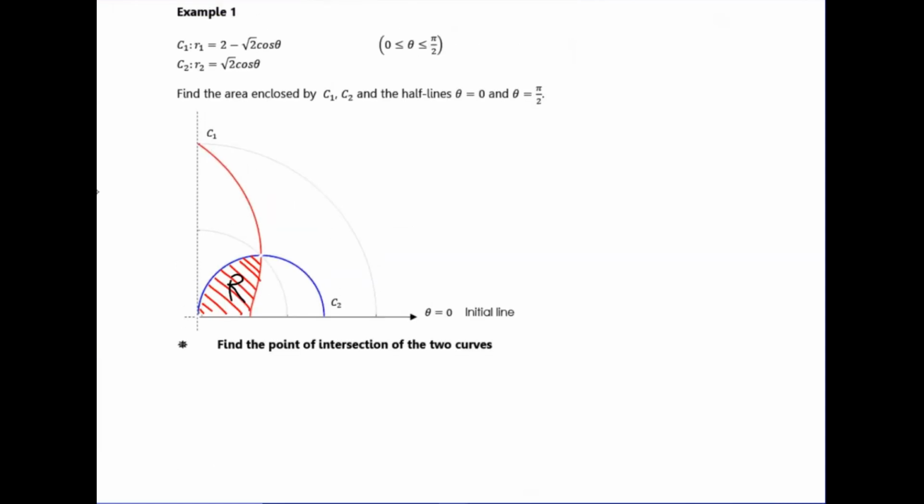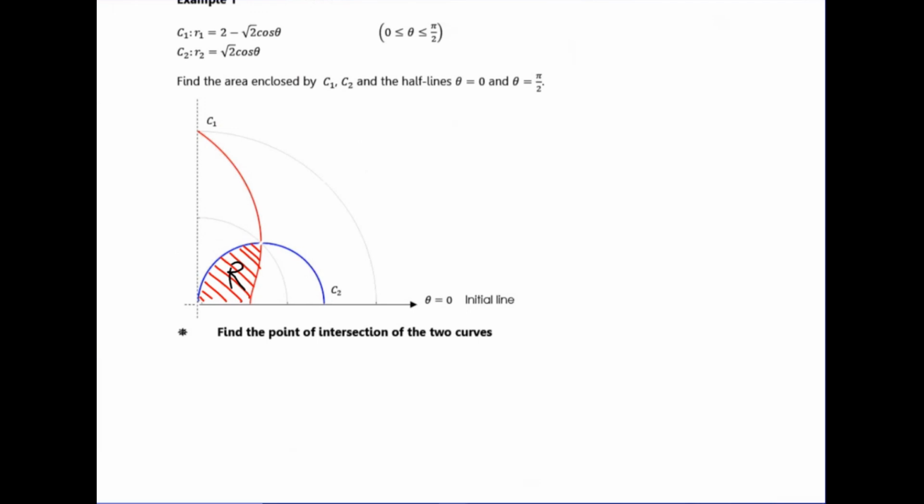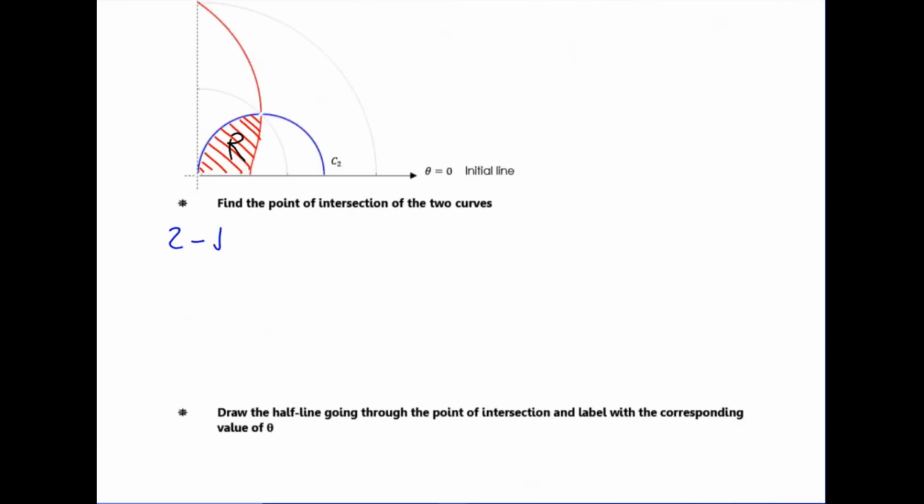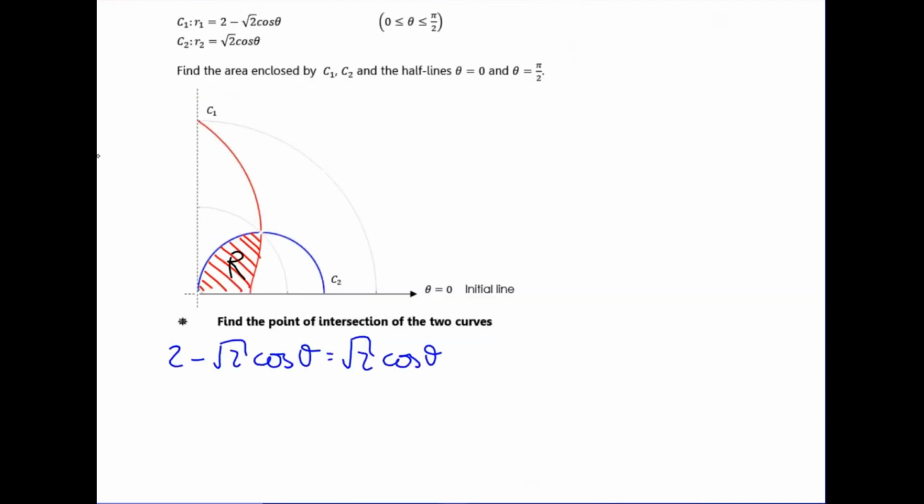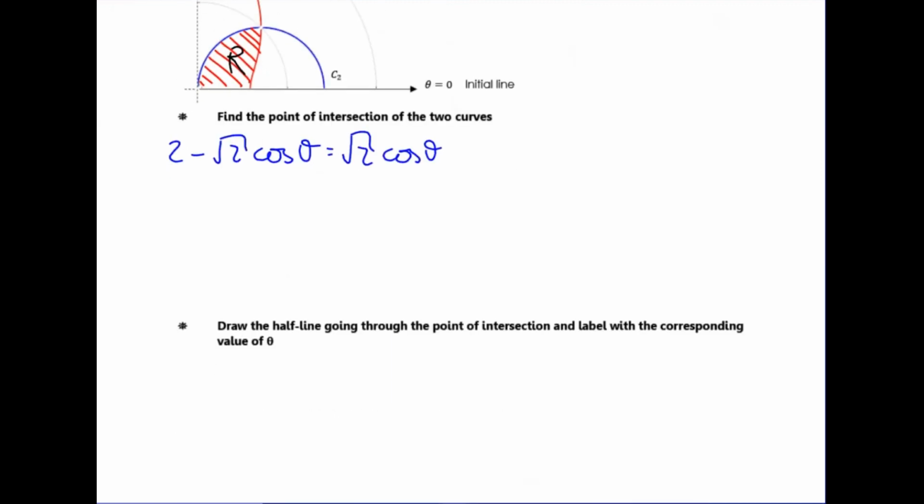So let's find the point of intersection by setting these curves equal to each other. They're both r equals. So we've got 2 minus root 2 cos theta equals root 2 cos theta. Get the cos theta on the same side, so add that root 2 cos theta across, so you get 2 root 2 cos theta equals 2.